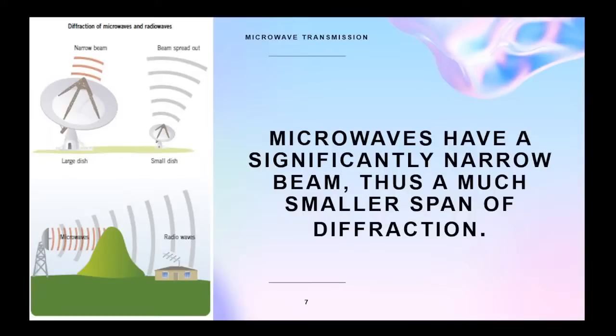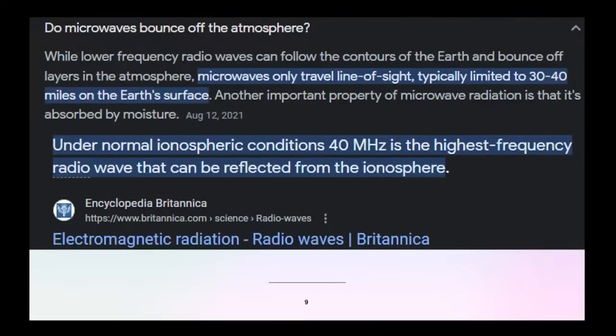So for something to diffract, it has to be able to get past the obstruction, and then it fills in the gap behind that where the obstruction blocks. So if you're sending out a microwave with this really concentrated beam, which can be as small as like a millimeter, and there's a hill there that's taller than where this beam is, it can't diffract around it because the span of the waves weren't big enough, right? Very common sense, like very simple stuff here, right?